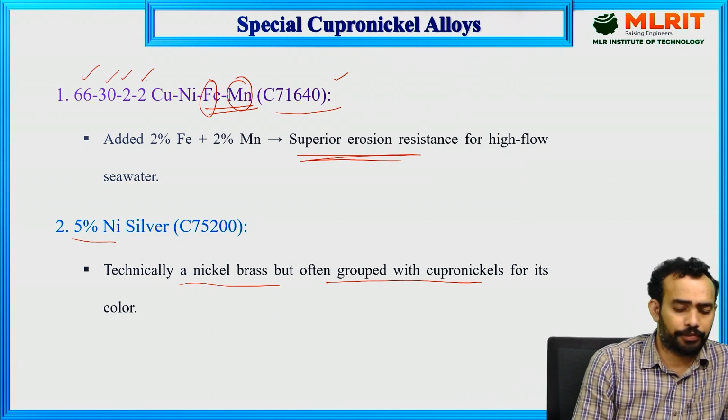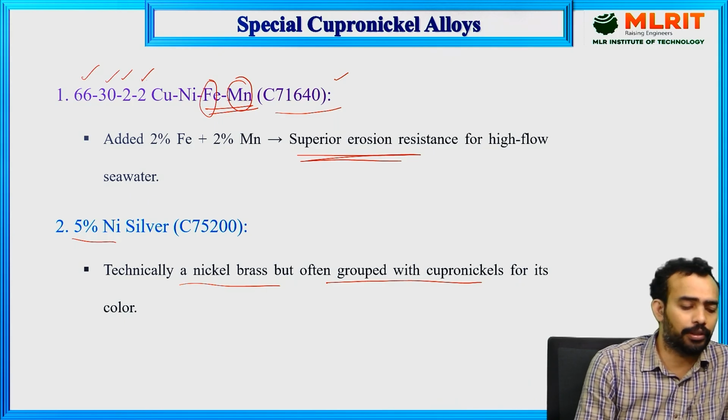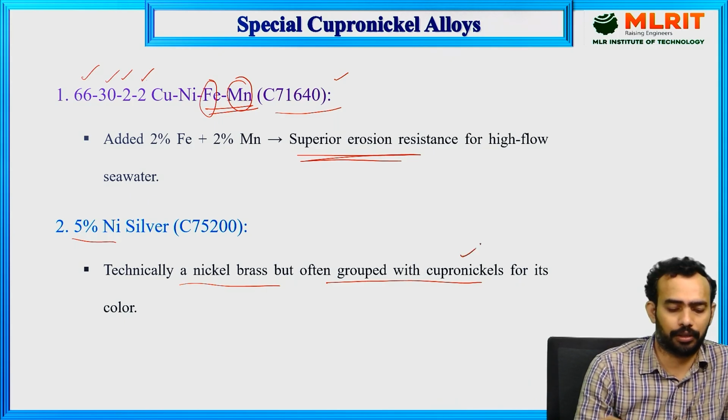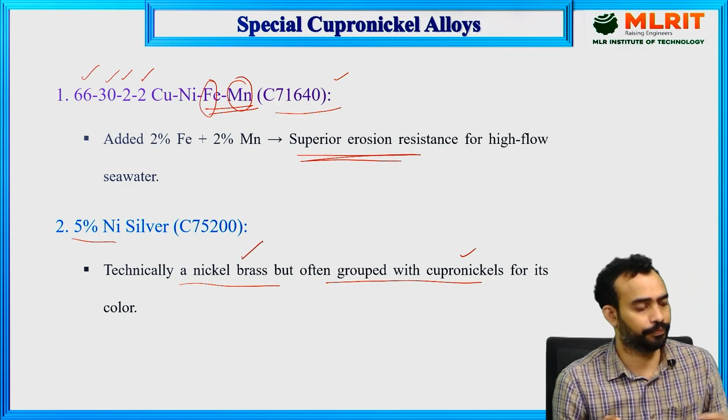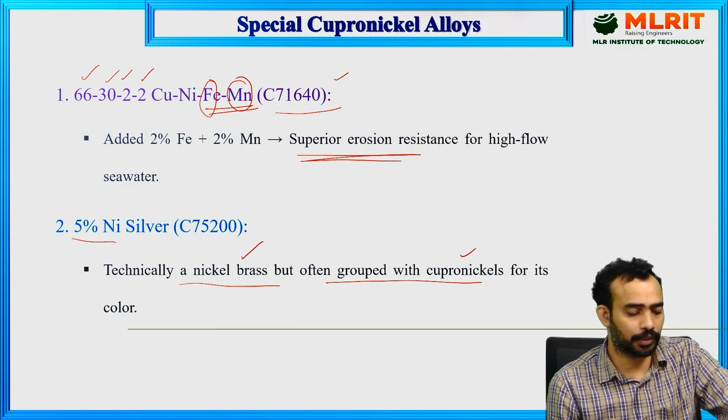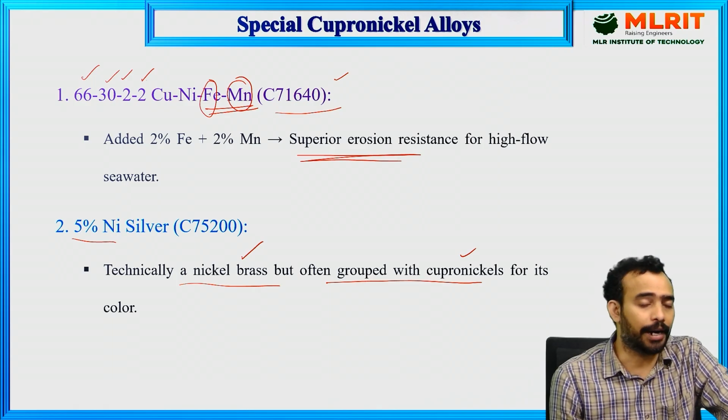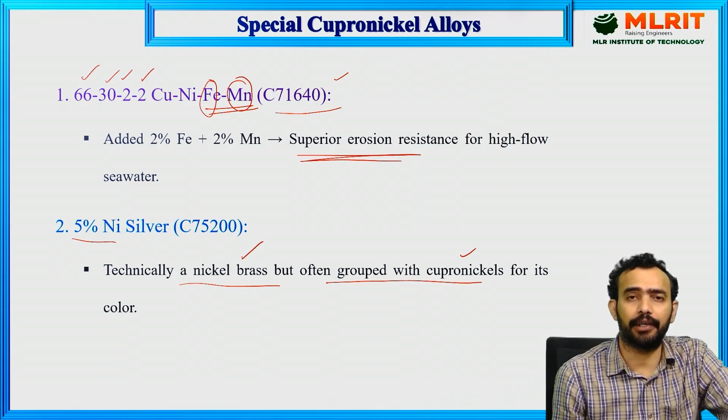Because of its color, it has often been clubbed with cupronickel, but technically it is nickel brass. Nickel is being added at 5%.